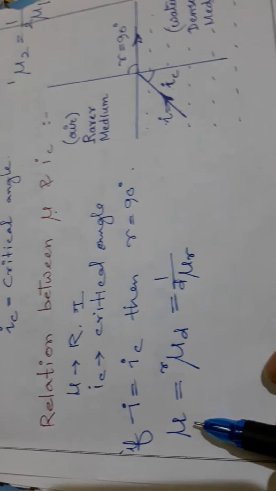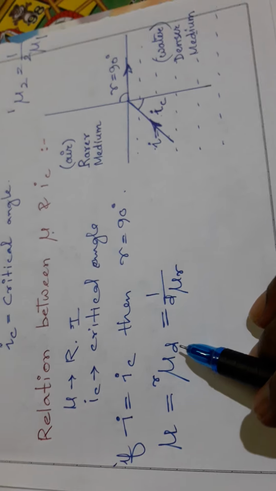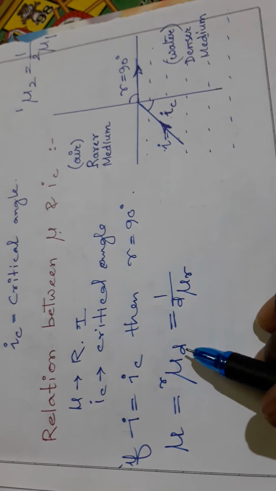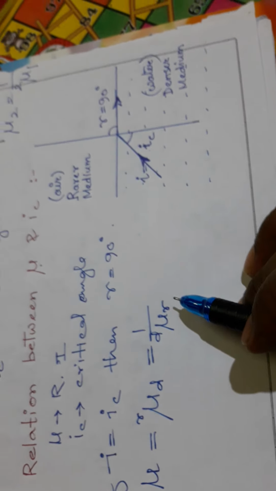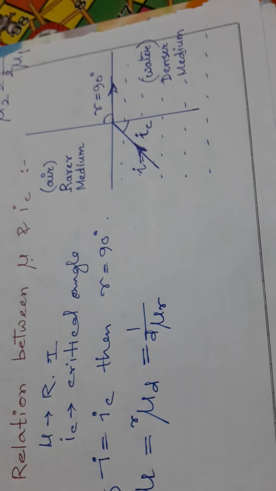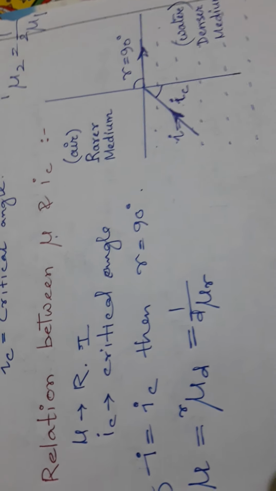When you write mu without anything, it means light is traveling from rarer to denser, rmud. But in this case, light is traveling from denser to rarer, so I have to write dmur. So rmud is 1 by dmur. Now, what is dmur? Let me find it out.